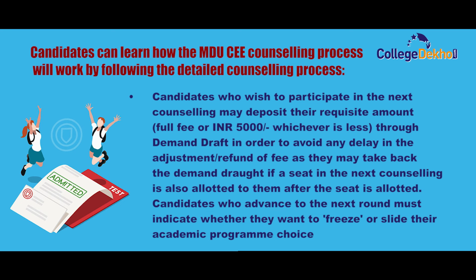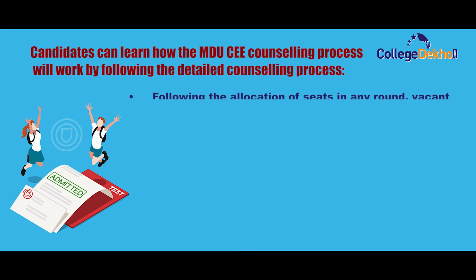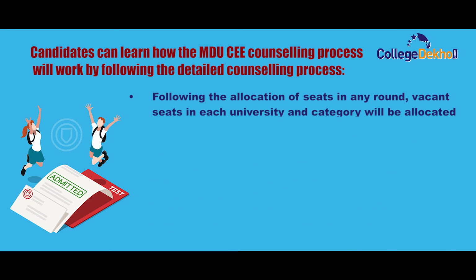Candidates who advance to the next round must indicate whether they want to freeze or slide their academic program choice. Following the allocation of seats in any round, vacant seats in each university or category will be allocated to candidates in waiting in subsequent rounds.